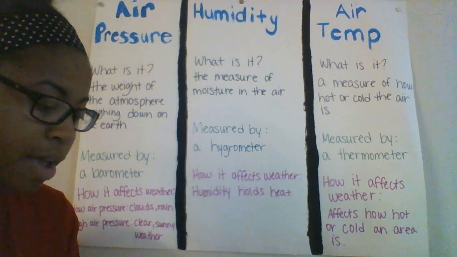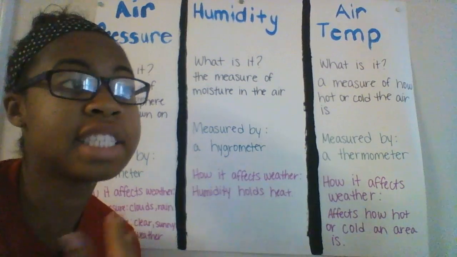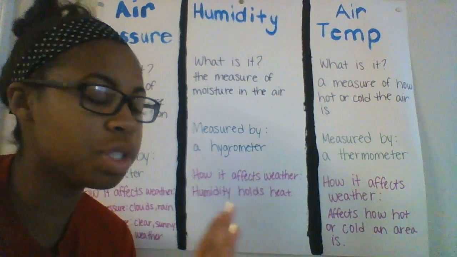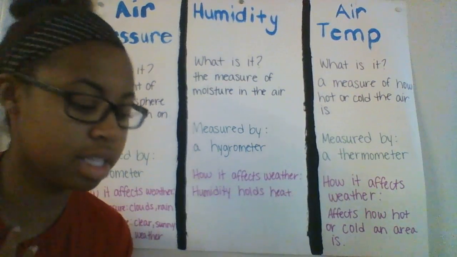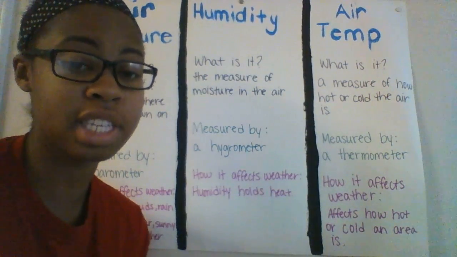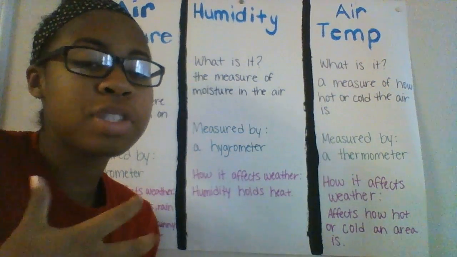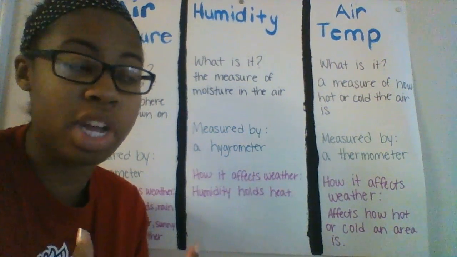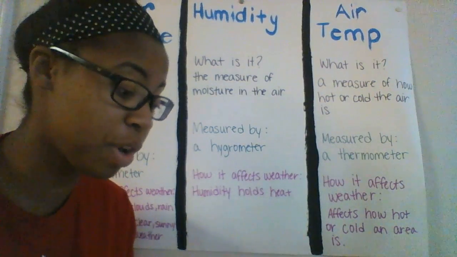That is why sometimes the weather will say 70 degrees, but then it'll also give you a temperature it feels like. So for example, the temperature can say 70 degrees, but it may feel like 80 degrees because the humidity is holding so much water vapor in the air, and it's just absorbing all the heat, making it feel even hotter than what it really is.